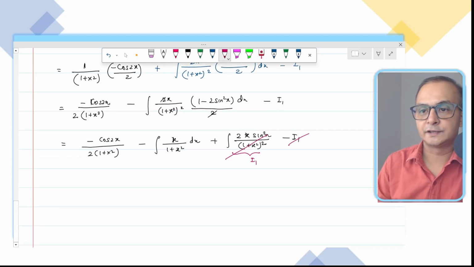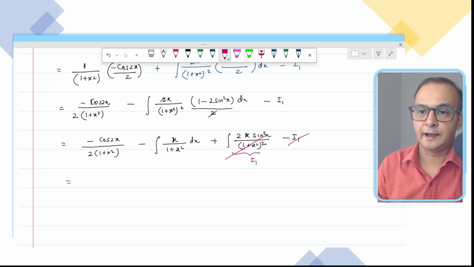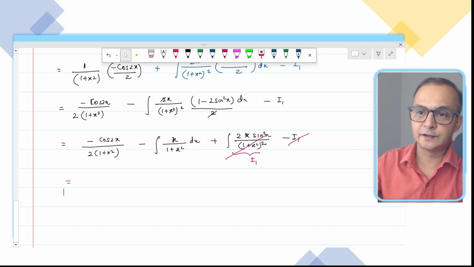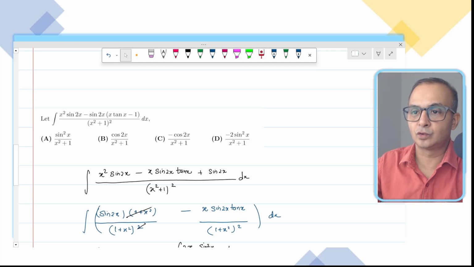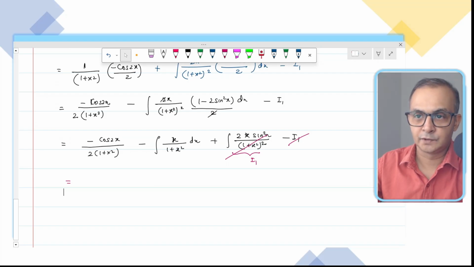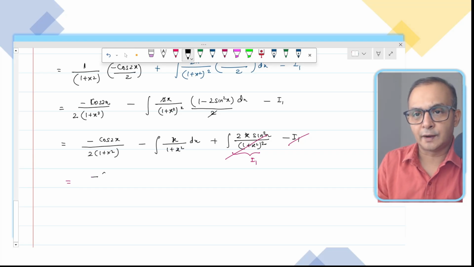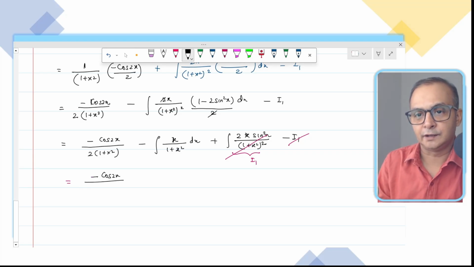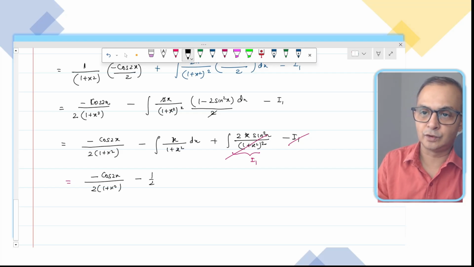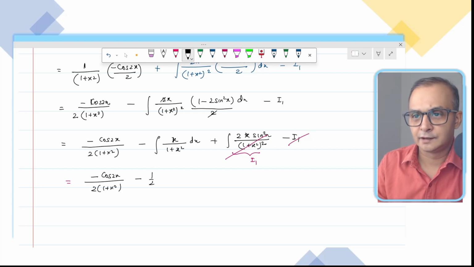So now we have this thing to handle, and you notice if I take any of these options in terms of cos 2x, there is no such thing, because with cos 2x I'm getting something extra as well. So first of all I have to integrate this thing. It's integrable, so that is going to be minus cos 2x divided by 2 times 1 plus x squared, and here there's a 1 by 2, and that is going to be directly 1 by, by the way, there is one mistake I've done, this x squared should be there.